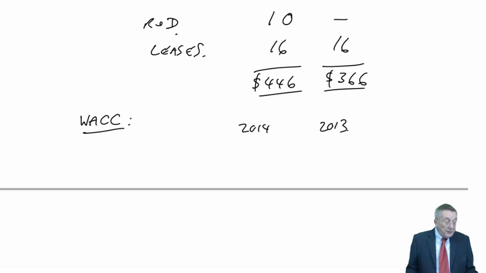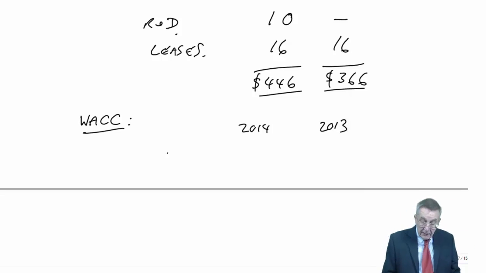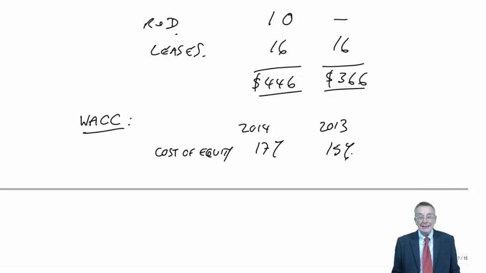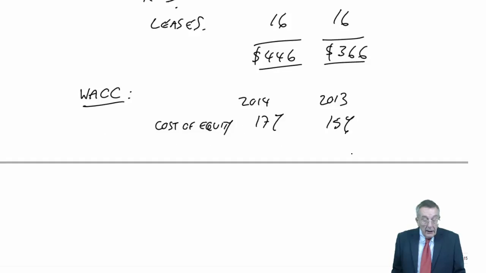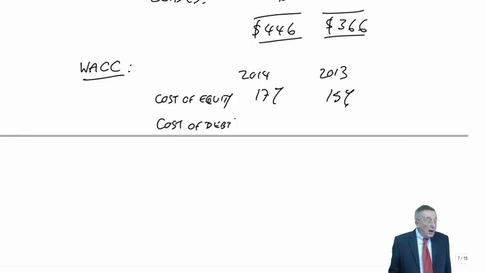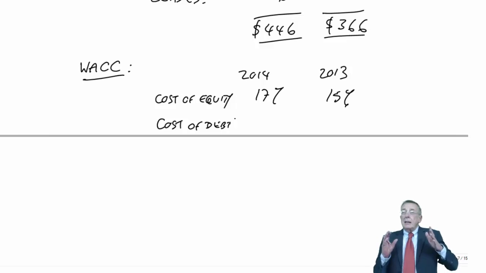It tells us in note 4 that the cost of equity borrowing is 17% this year. Last year was 15%. The cost of our debt borrowing, well, note 3 tells us it was 9%, it's now 10%. But with debt borrowing, the interest does attract tax relief.